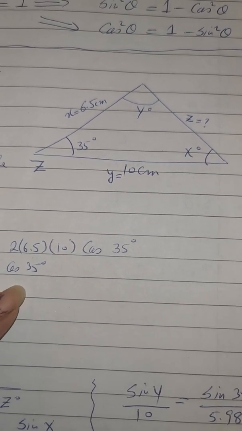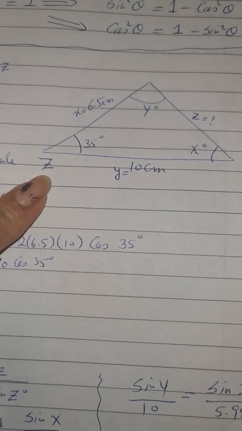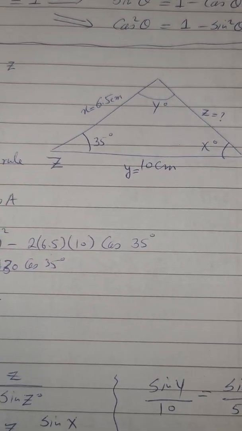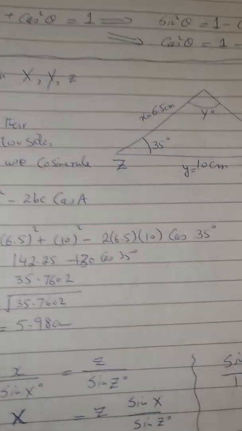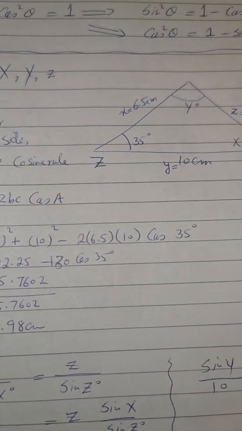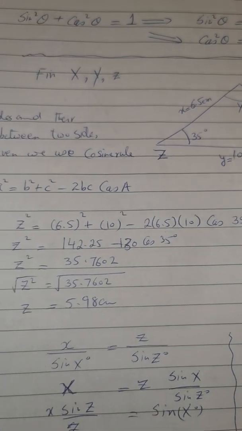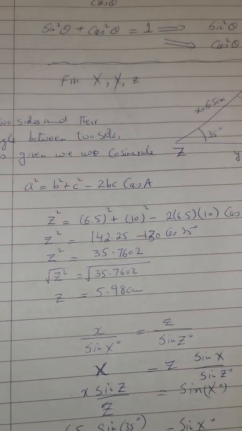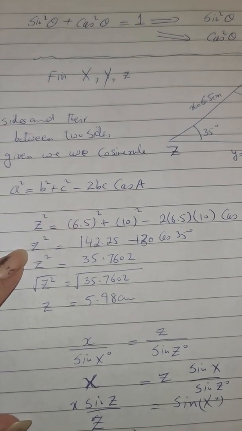And when two sides and their included angle are given, we will use the cosine rule, right? So I am going to use the cosine rule, but we have learned the cosine rule in terms of ABC. How can we convert it into XYZ? So here I have written the cosine rule: a square is equal to b square plus c square minus 2bc cos a.